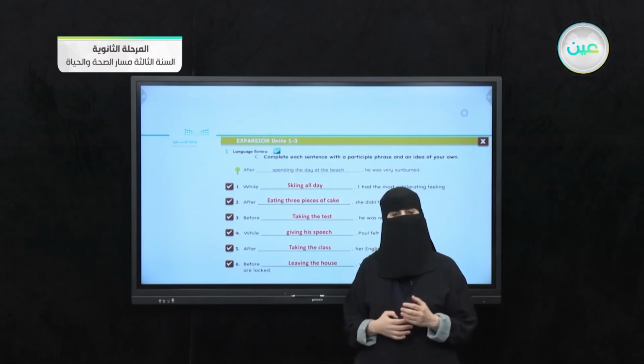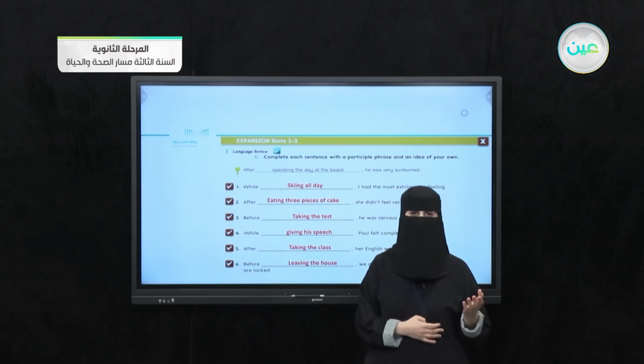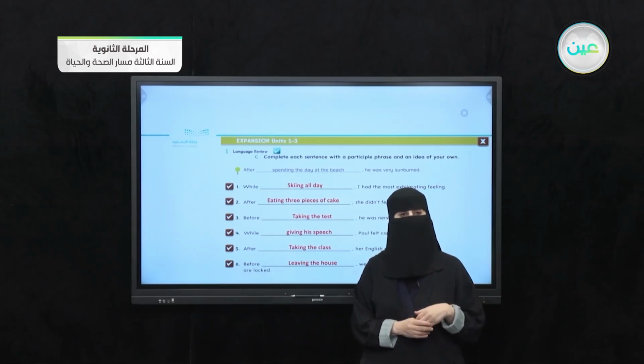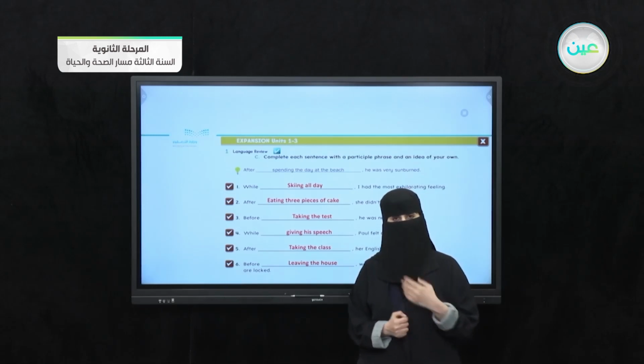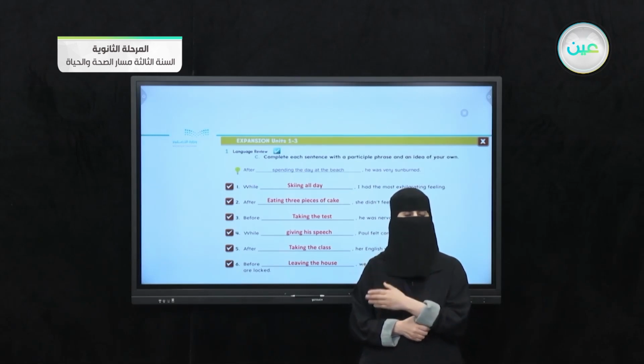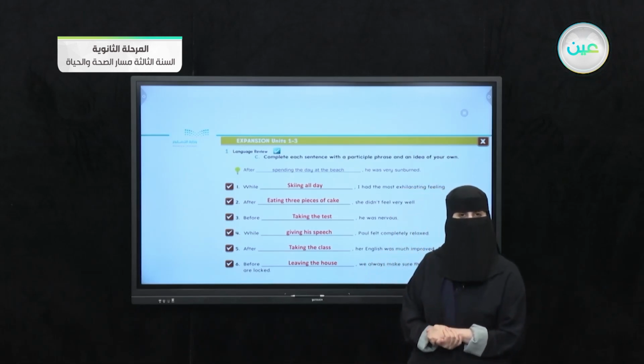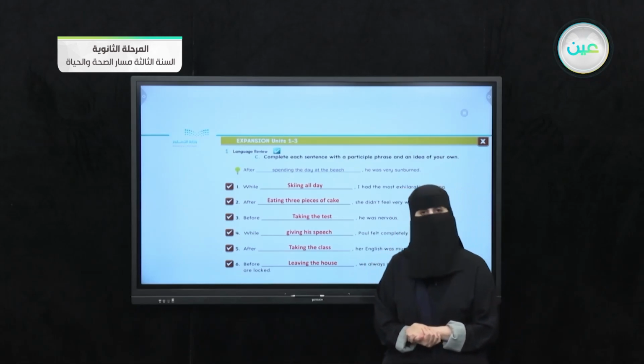If you need more review or details about this grammar, you can review your pupil's book on page 8 for past modals, and on page 22 for so much, so many, so little, and so few. And how to reduce the adjective clauses is also on page 22 from Unit 2.